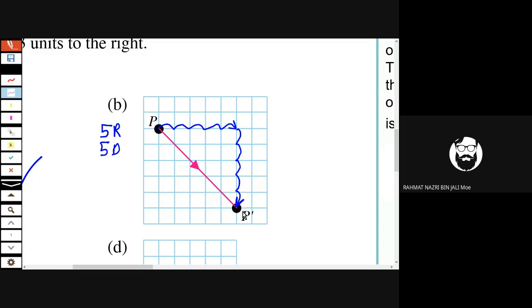So this is the final destination of P. I will label it with P prime. And lastly, we draw the vector from P straight to the point of image P prime. This pink arrow here shows the vector of translation P to P prime.